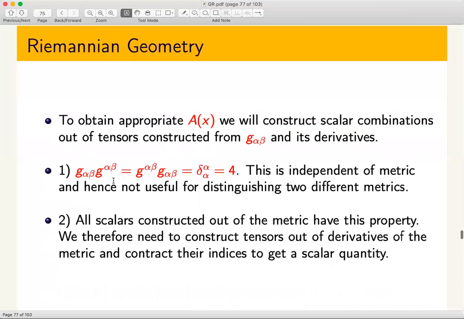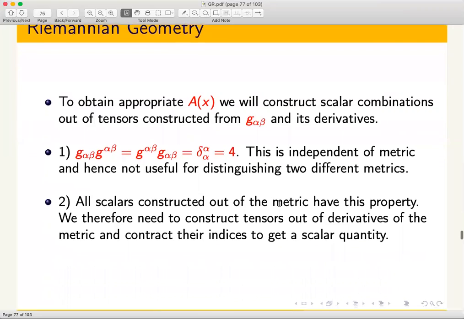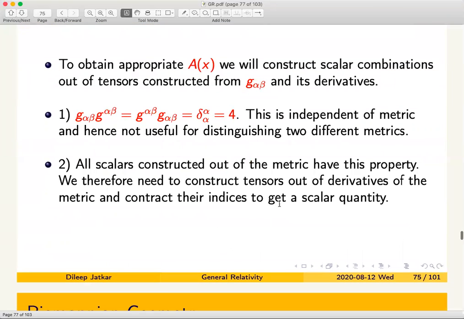In fact, anytime you use only the metric and not its derivative, you would always land up with some constant quantity, and it is not going to be very useful. So we therefore need to construct tensors out of the metric and its derivatives.